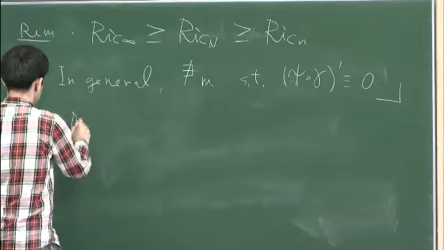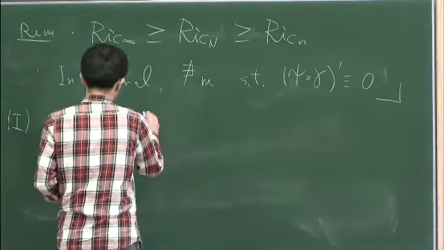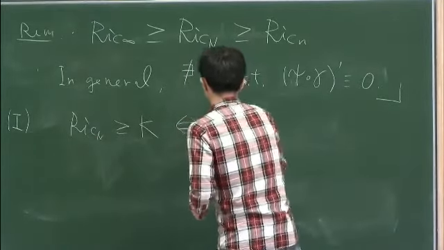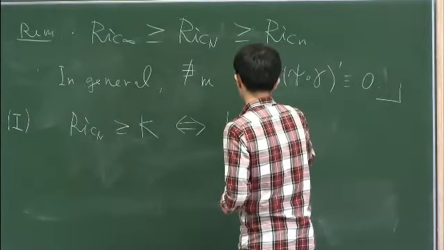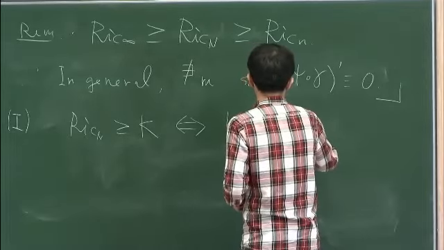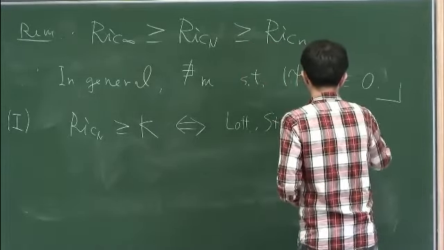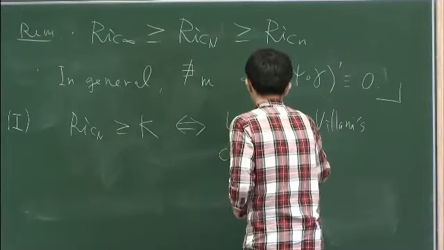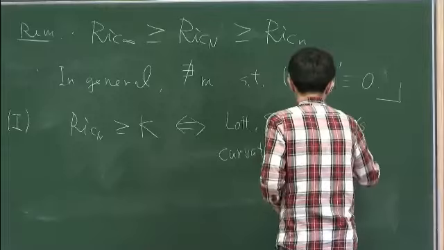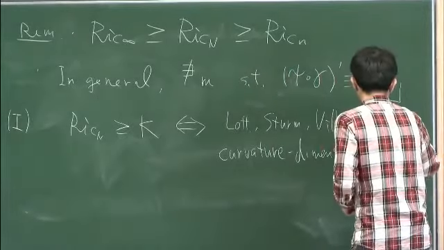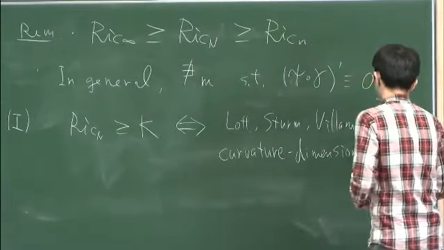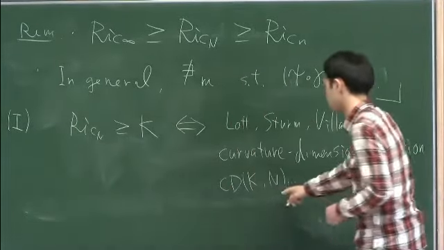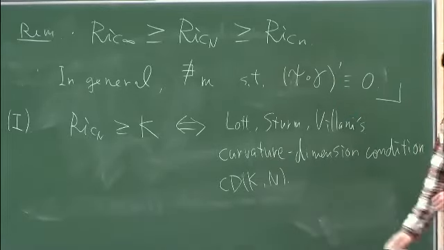The lower bound of this Ricci curvature is equivalent to the curvature-dimension condition of Lott-Villani and Sturm, for parameters K and N. So K is curvature and N is dimension.